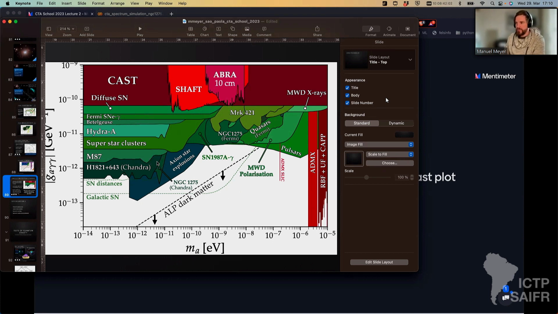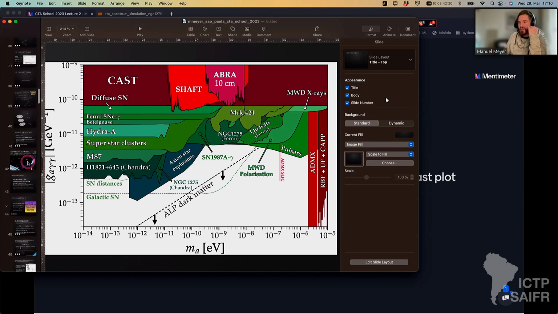Sorry, can I interrupt you? Because I thought that above that dashed line, those candidates were already excluded because they give you a lifetime below the acceptable to be a cosmologically stable particle, or not? No. Okay, sorry. No, let's go back.